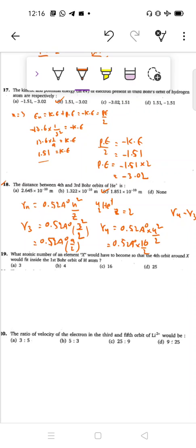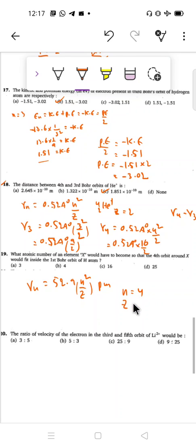Let us take the equation Rn is equal to 52.9 n square by Z. This is in picometers. If n is equal to 4, they have already given n is equal to 4.